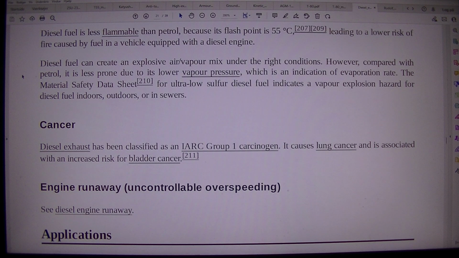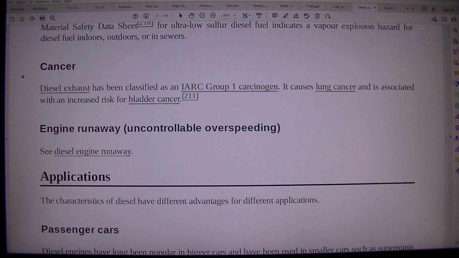However, compared with petrol, it is less prone due to its lower vapor pressure, which is an indication of evaporation rate. The Material Safety Data Sheet for ultra-low sulfur diesel fuel indicates a vapor explosion hazard for diesel fuel indoors, outdoors, or in sewers.